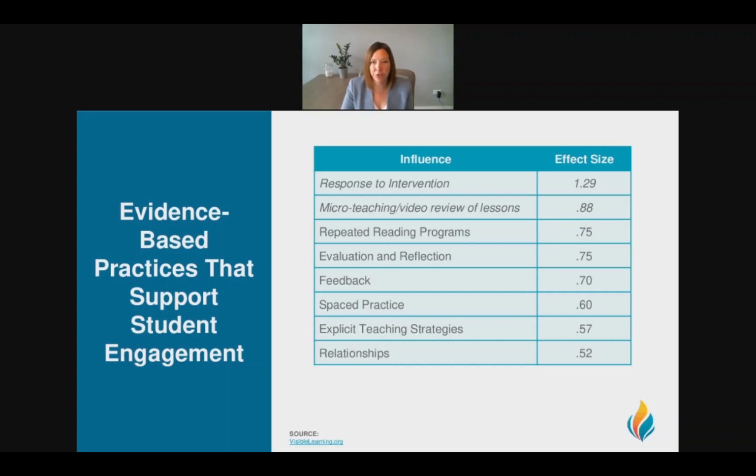The first two that are italicized are really based on more teacher professional learning or system work. And so if we think about response to intervention, MTSS, that idea that we are using data to identify resource allocation is a lot of what today's conversation has been about. And it's highly effective in schools.